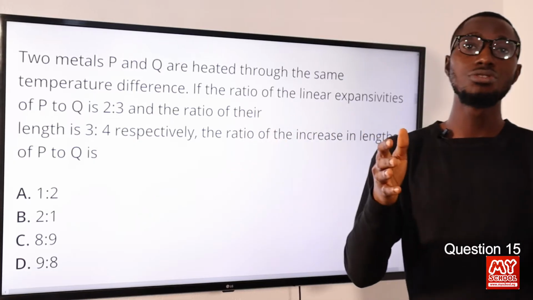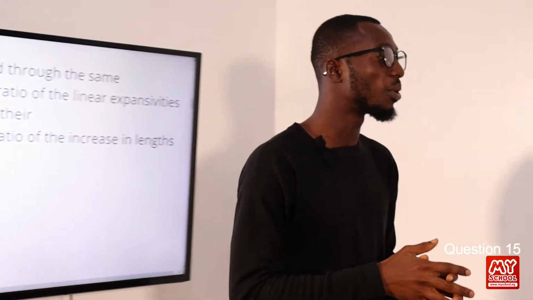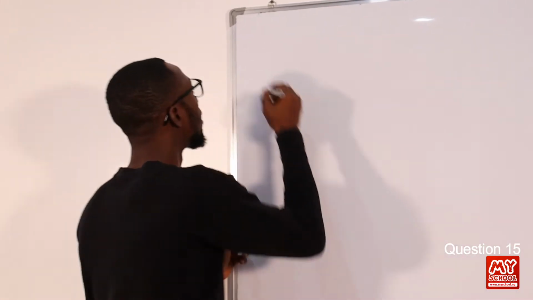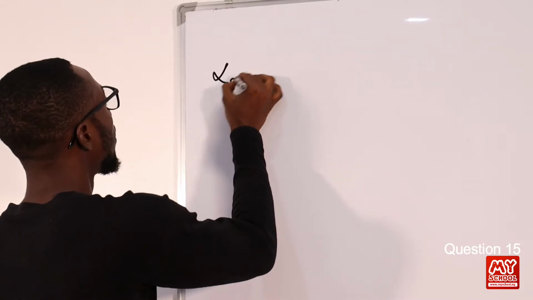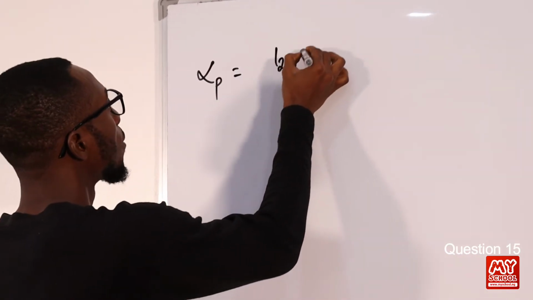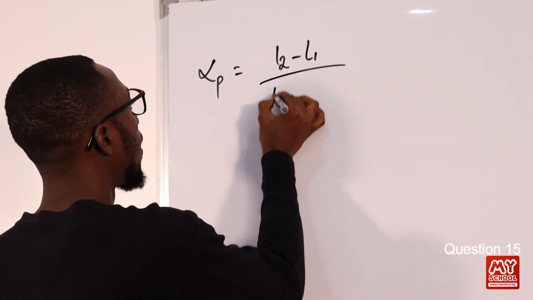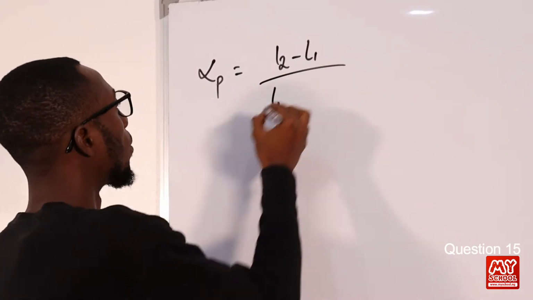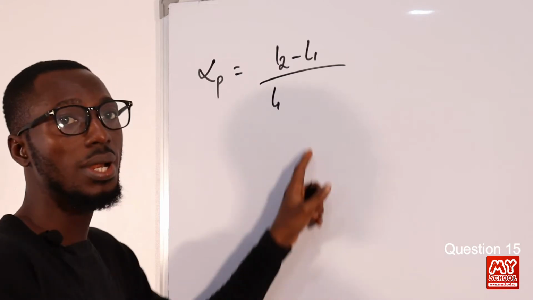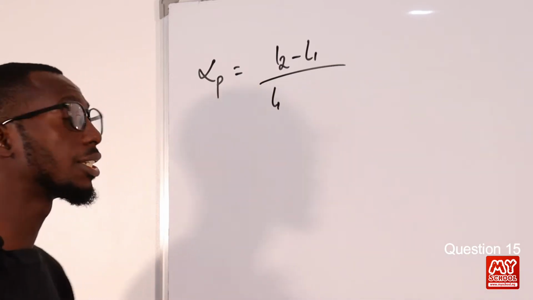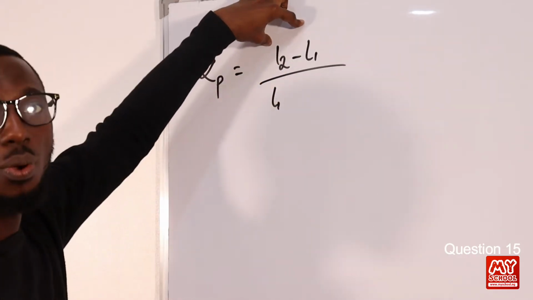We're just going to use linear expansivity equals increase in length over original length times change in temperature. This is what I mean. So linear expansivity for P will be increase in length, L2 minus L1, or I can use delta L, over original length, times delta theta. We know that theta is constant for both metals P and Q. So increase in length is what we are looking for.